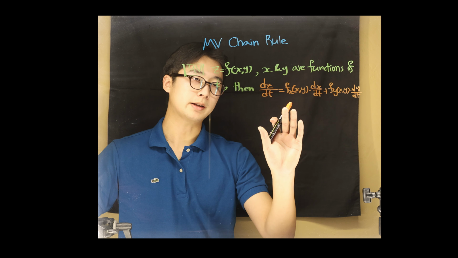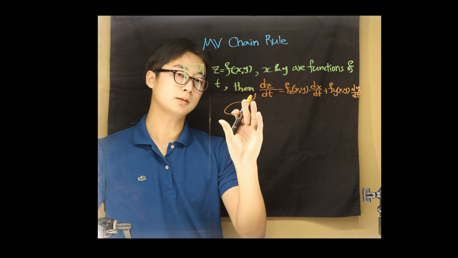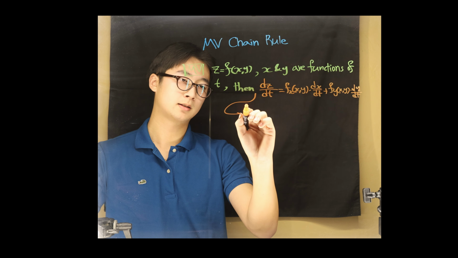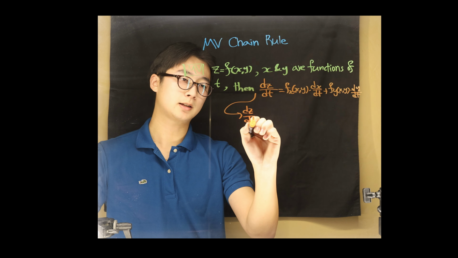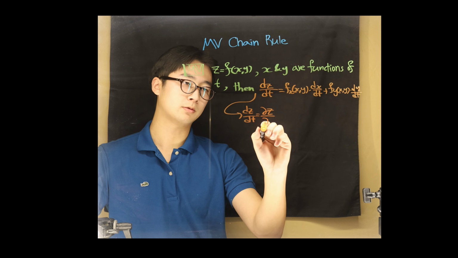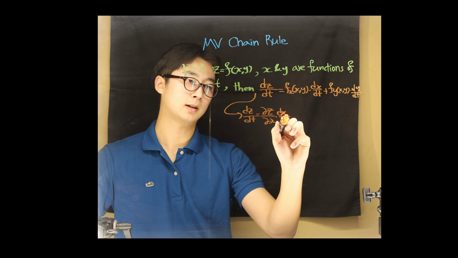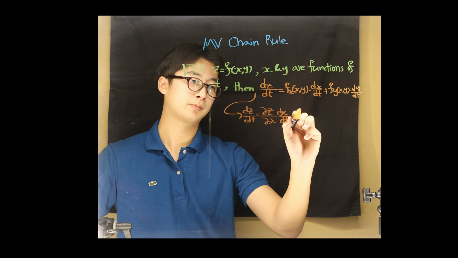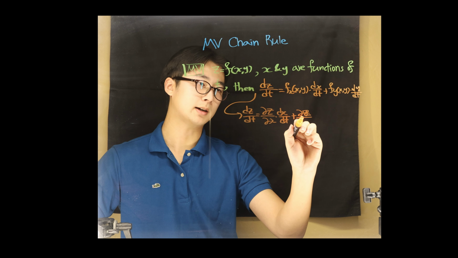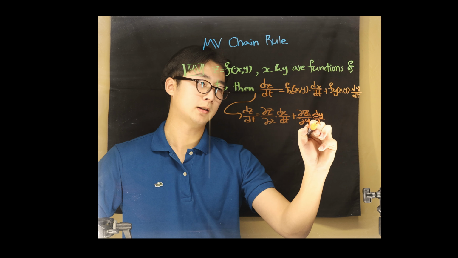So more visually, I can rewrite this as, the chain rule in multivariable calculus is dz/dt is partial z with respect to x times dx/dt plus partial z with respect to y times dy/dt.